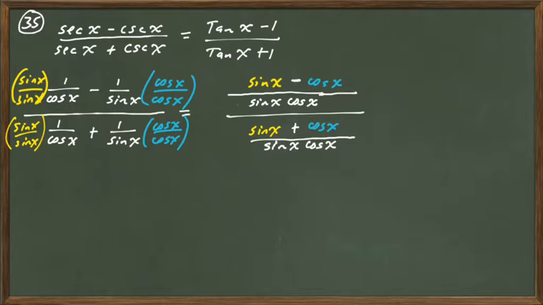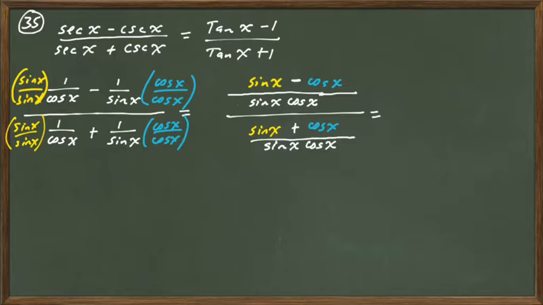So I'm just going to rewrite this at the moment, at least the top part. So you have sine minus cosine all divided by, let me write it over here because I need a little more room.